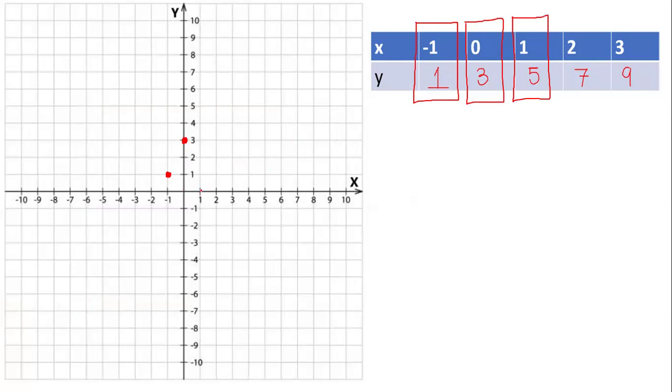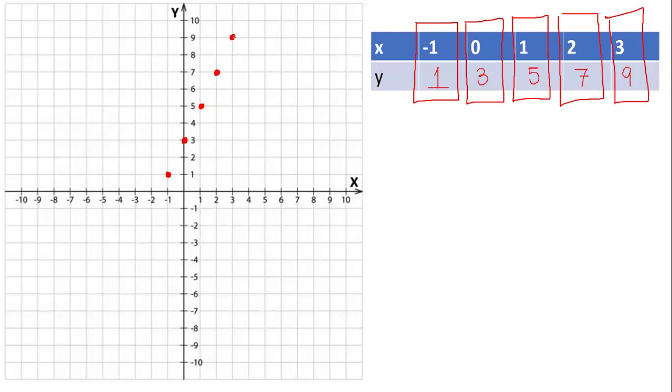And we're gonna have 2 and 7 right here. Then we're gonna have 3 and 9, right here.